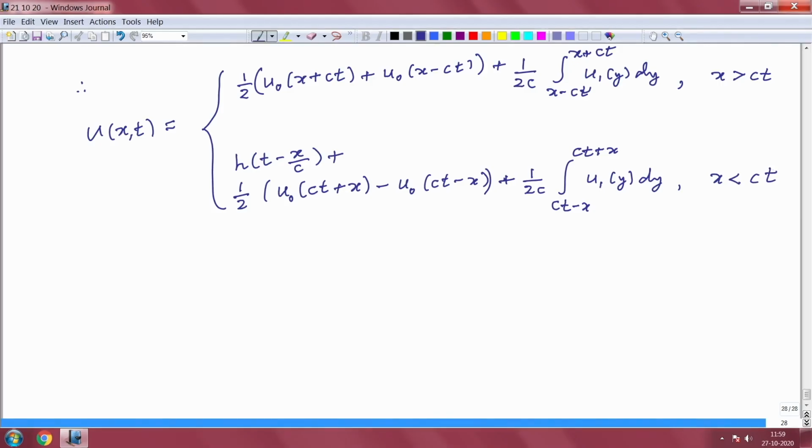So, the expression for the solution is given separately for the regions x bigger than ct and x less than ct. So, what about x equal to ct?